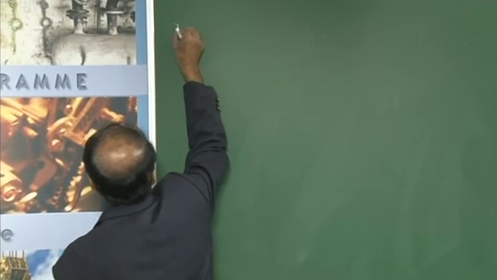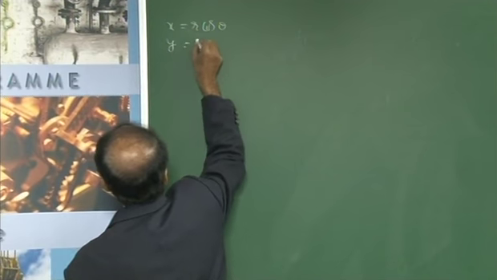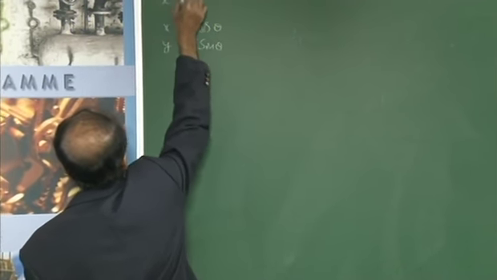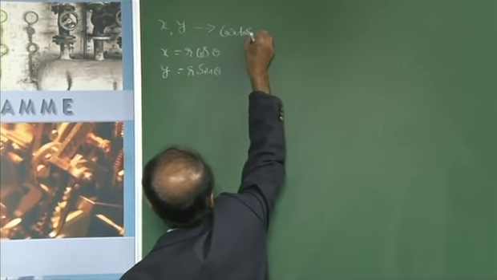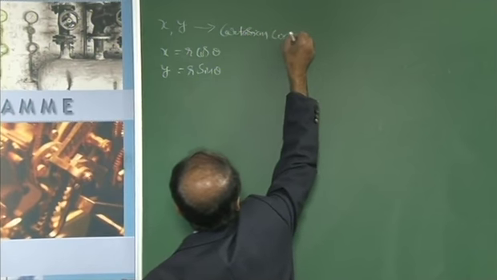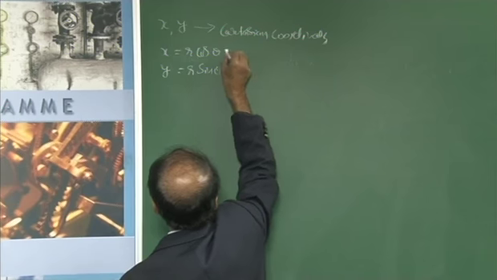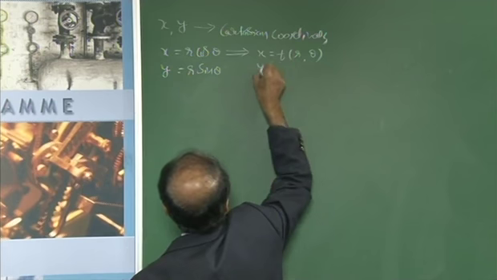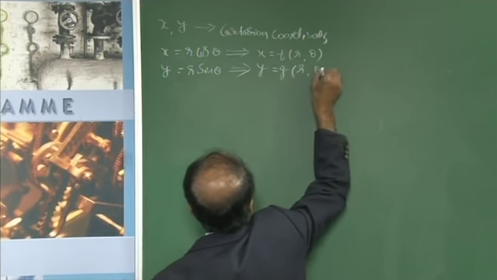Yes, what are the standard polar transformations? X equal to r cos theta and y equal to r sin theta. That means from the given integral, x and y are Cartesian coordinates. This implies x is a function of r comma theta and y is a function of r comma theta.